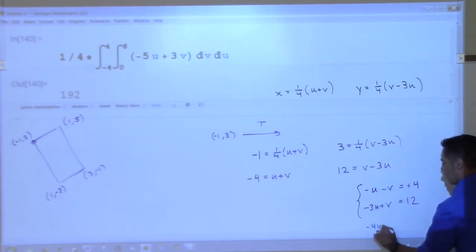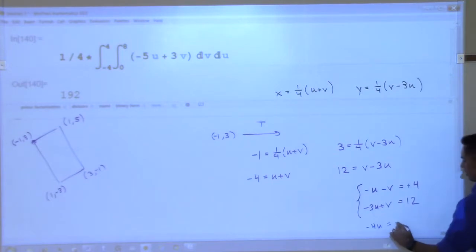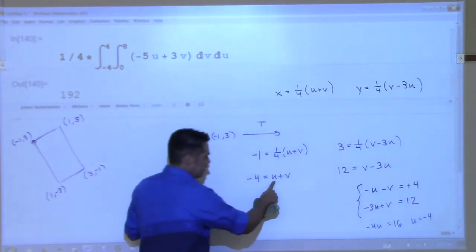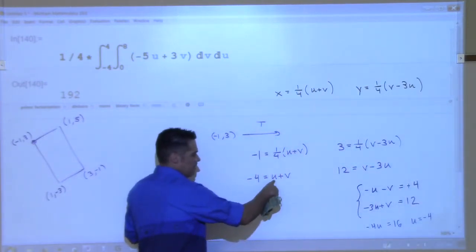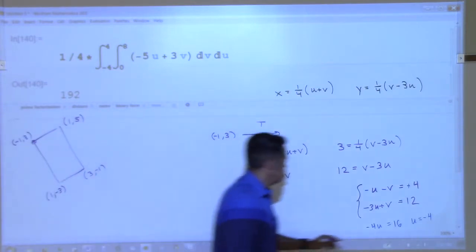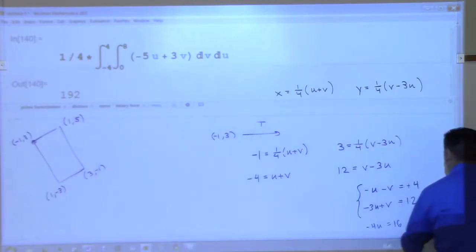Negative 4u equals 16, so that means u is negative 4, right? Once I know what u is, I can go back and get v, and I can do that anywhere I want. Let me see. I could do it back here. If I know u is negative 4, then I move it to the other side. What would I get for v? 0. So v would be 0.